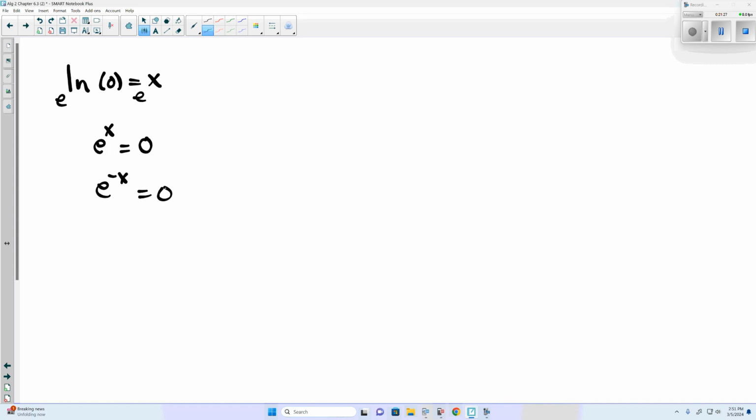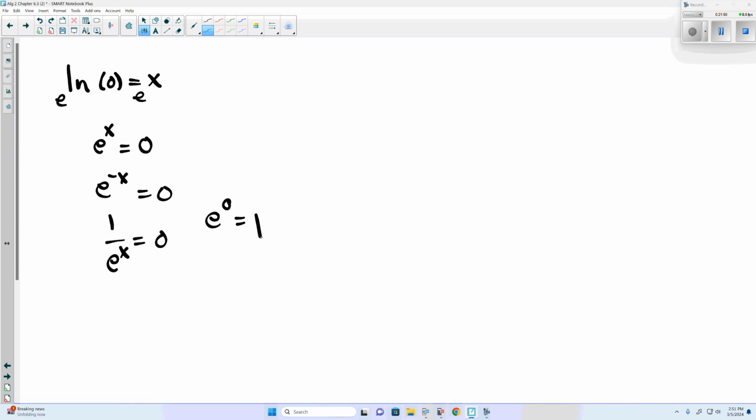This might work. But if an exponent is negative, we move it from the top to the bottom. Well, the only way a fraction is equal to 0 is if the numerator is 0, and here it's stuck at 1, so that's not going to be 0. Only other option is if x is 0. Well, anything to the 0 power is 1.